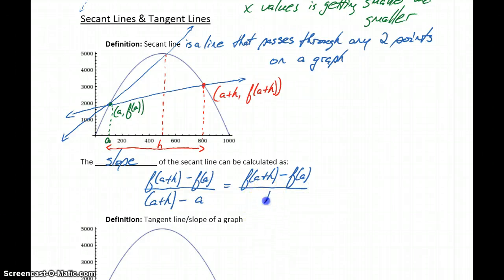A minus a will cancel out, leaving us with just that h in the denominator. So when we find the slope of the secant line, this is the exact same idea as average rate of change. So when we talk about average rate of change, when we talk about finding the slope of the secant line, those two ideas are essentially the same thing.